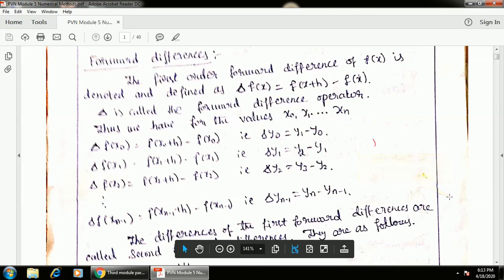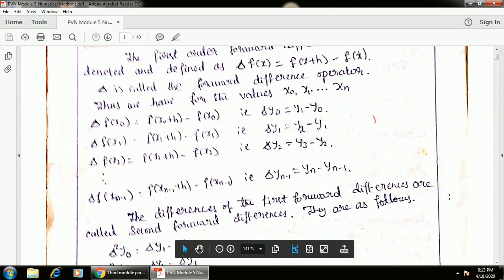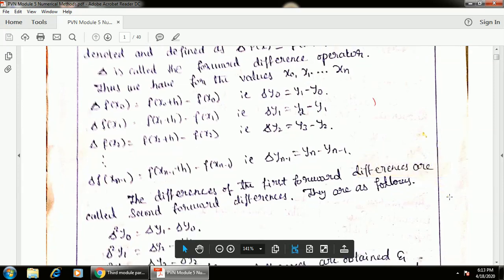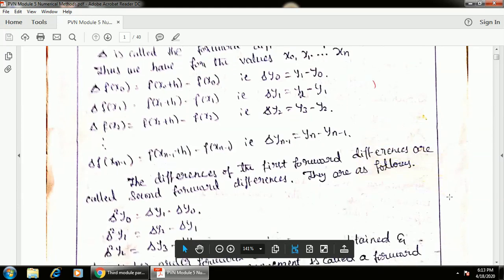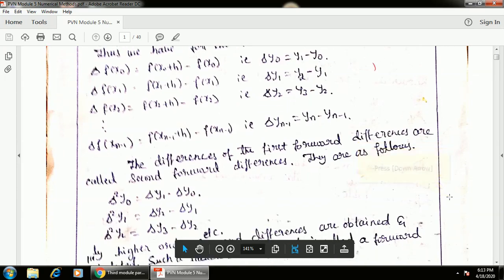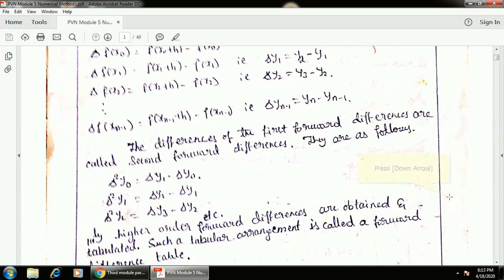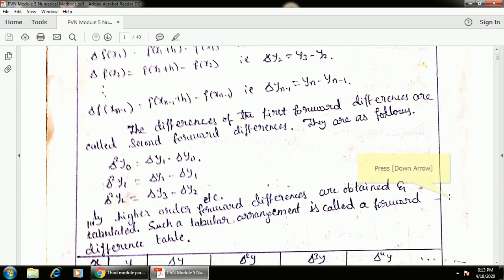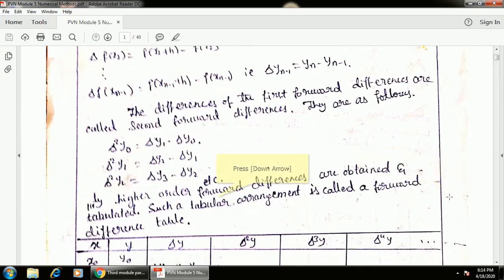The differences of the first order forward differences are called the second order forward differences, and they are as follows.